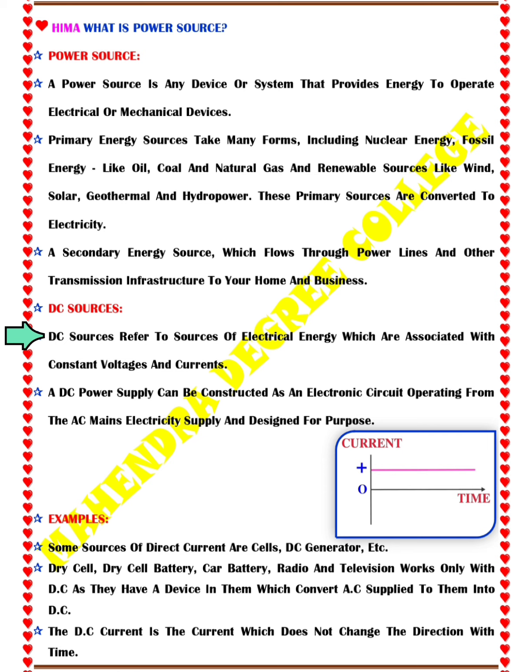These sources deliver a steady voltage that doesn't change with time. The current also flows consistently in a single direction without fluctuation. This is different from alternating current, where voltage and current vary over time.